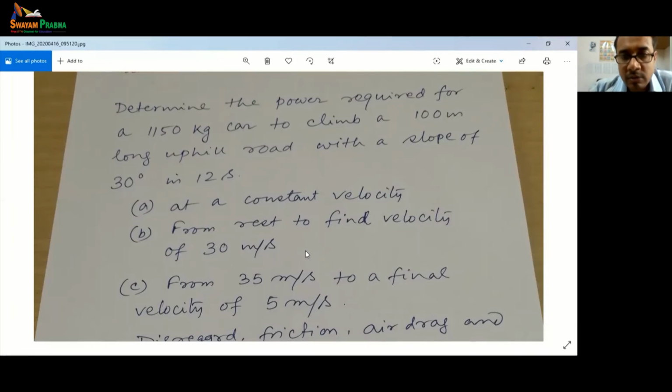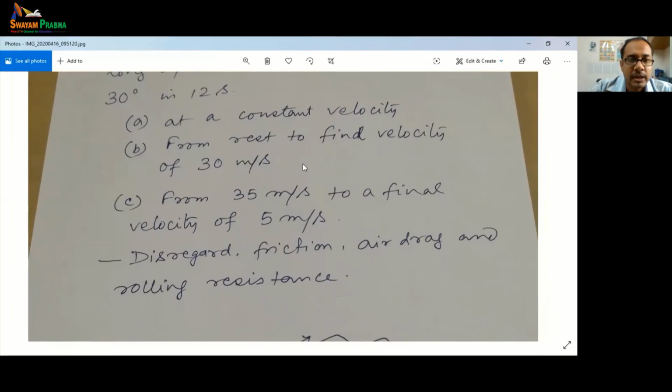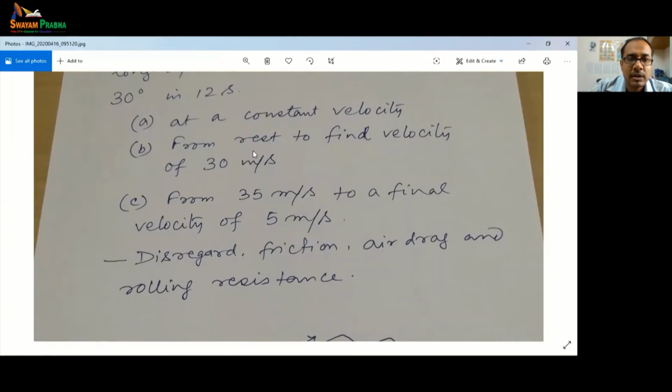Now we are considering three cases here. Case A, if the whole thing happens at a constant velocity, so the uphill movement happens but the velocity does not change anywhere. Case B, when the car starts from rest at the bottom point of the uphill road, and the final velocity is 30 meters per second when it reaches the top.